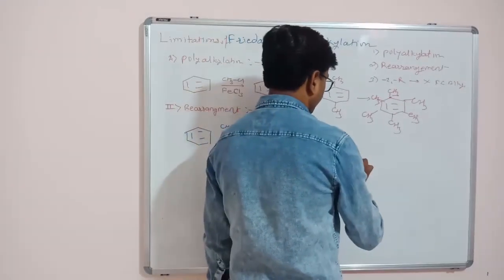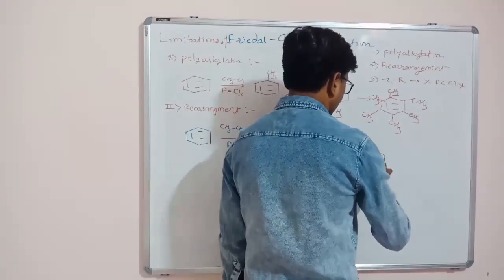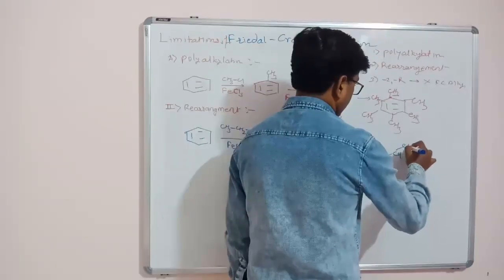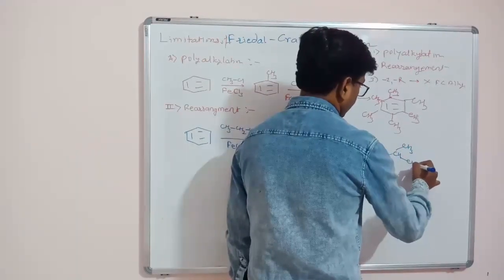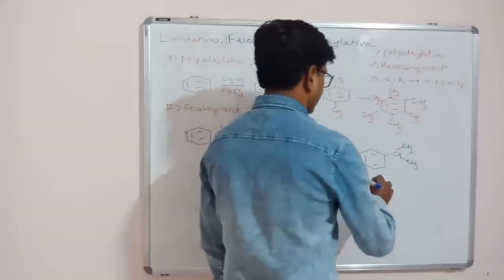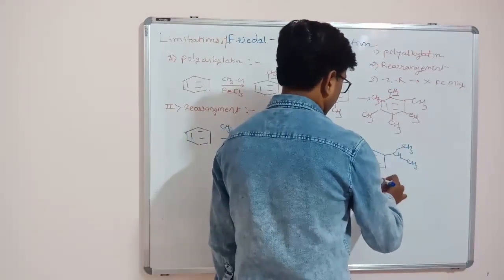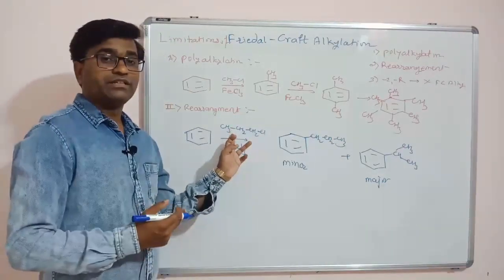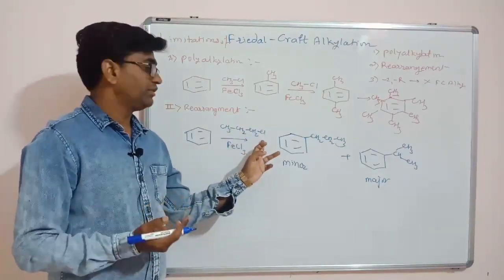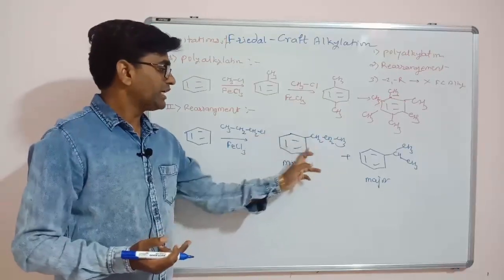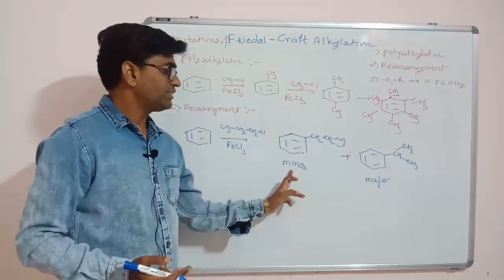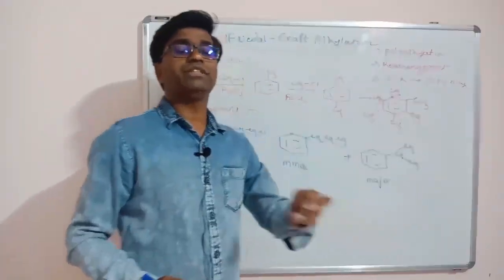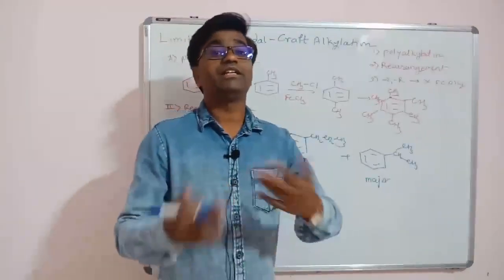The major product you will get is isopropyl benzene, CH(CH3)CH3. So what we are using is n-propyl, that is 1-propyl chloride. Your expected product is the first one, but you get that as the minor product, while the major product is this one. This is the limitation of FC alkylation, that is rearrangement.